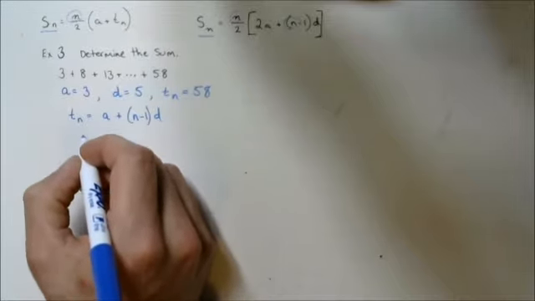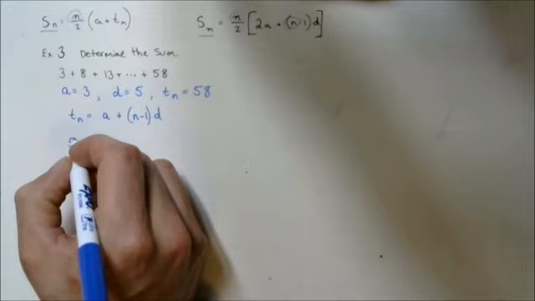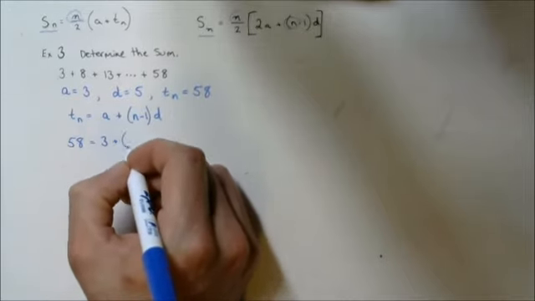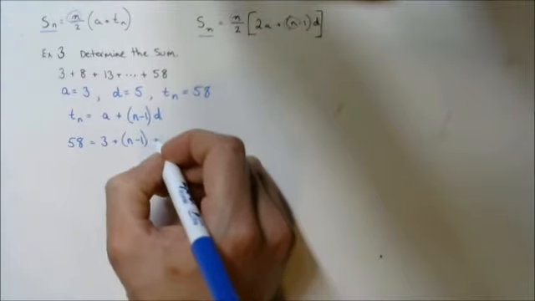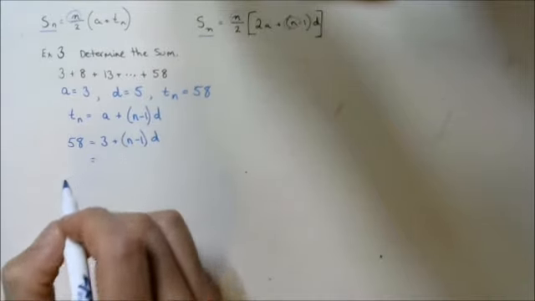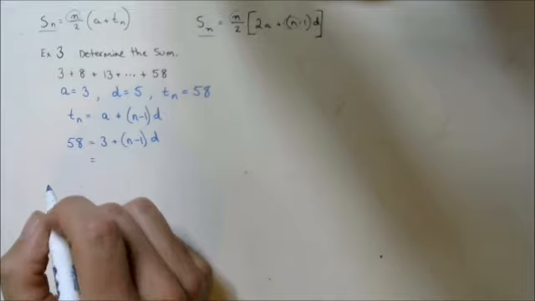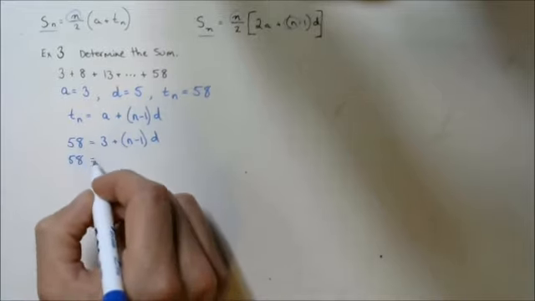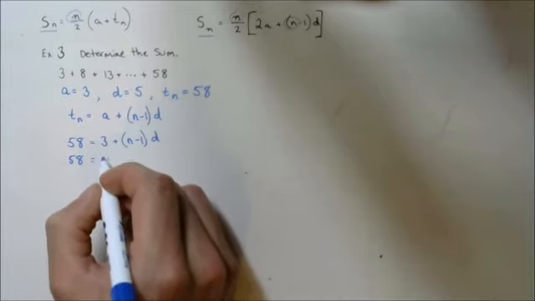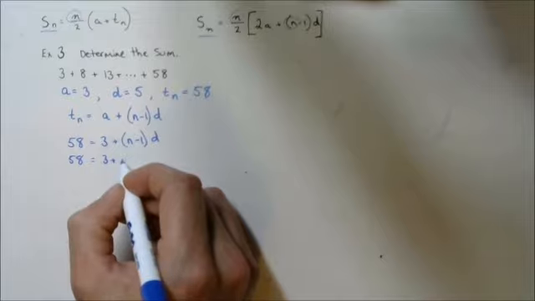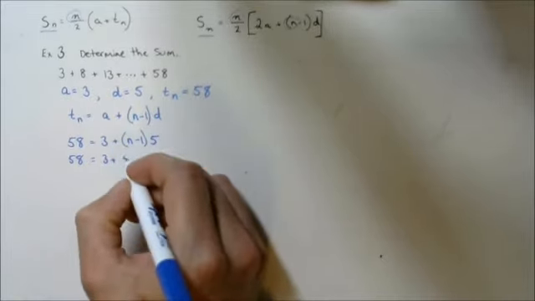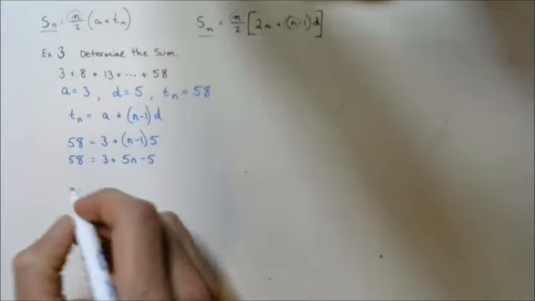Okay, so here we go. The last term we know is 58. We know a is 3. We do not know n, but we know d is 5. So now we're going to use algebra to solve for n. 58 is equal to 3 plus, oh sorry, I have d equals 5 there, okay? 5n minus 5.